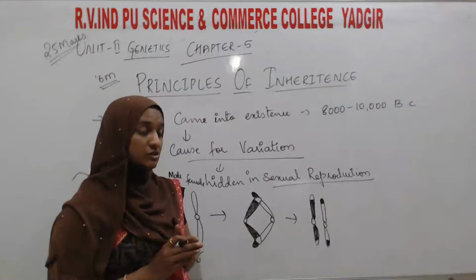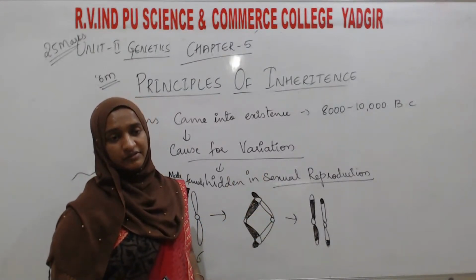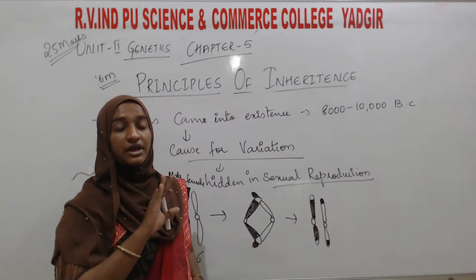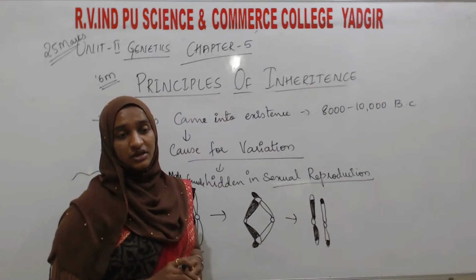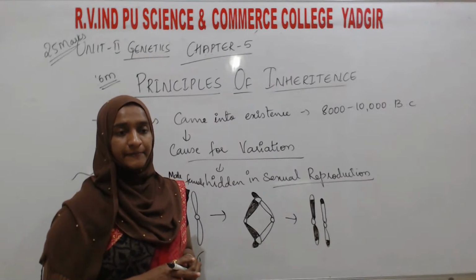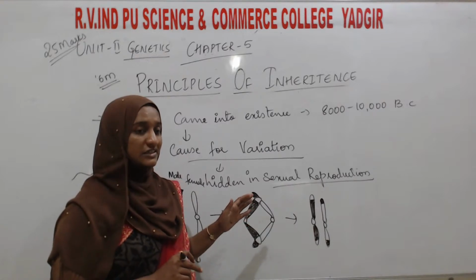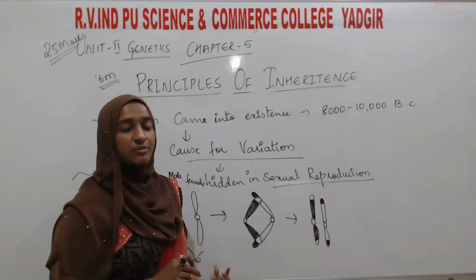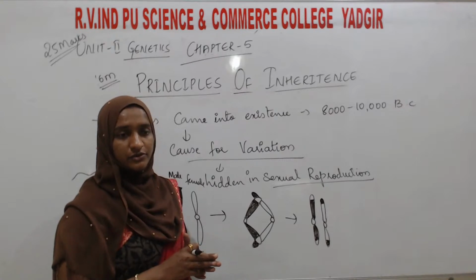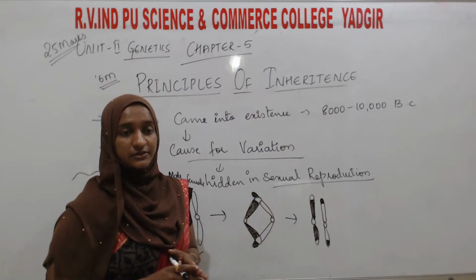Variation occurs when sexual reproduction takes place. This type of variation you cannot see in asexual reproduction. Why? Because there is involvement of only one parent. There is no recombination of chromosomes, no pairing of chromosomes, due to which there is no exchange of genes.